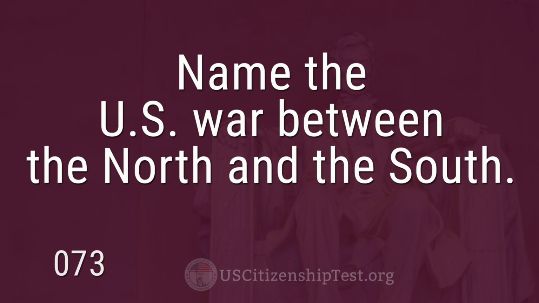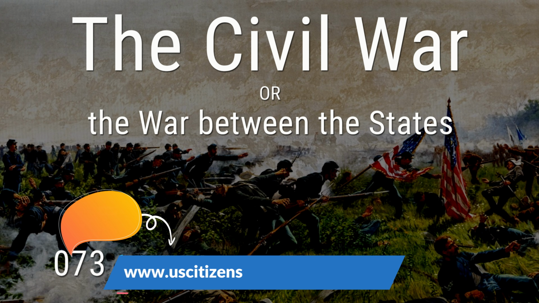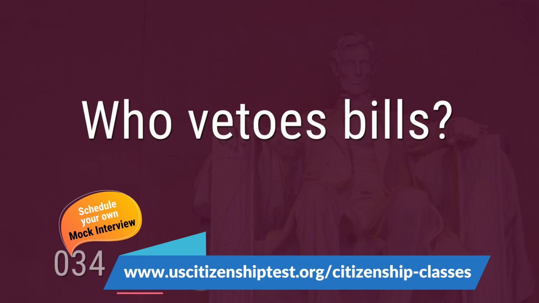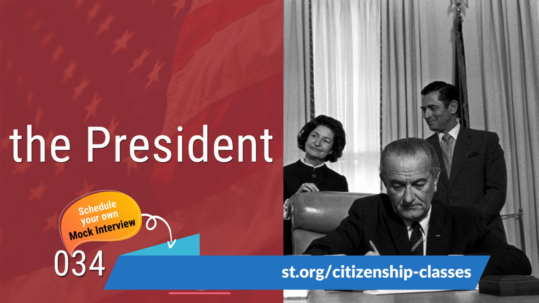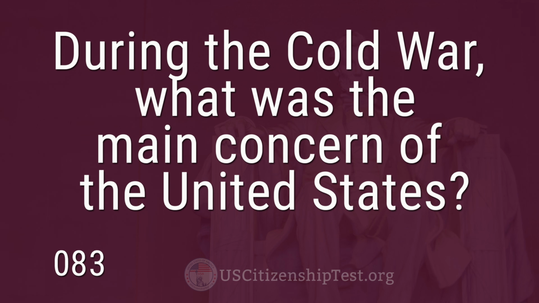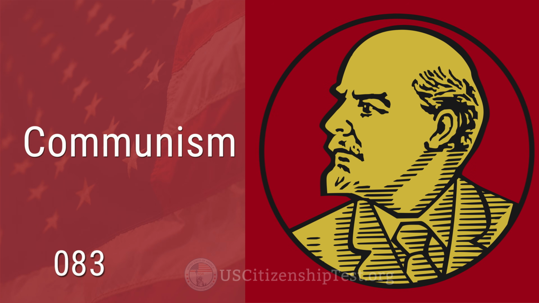Name the U.S. war between the North and the South. The Civil War. Who vetoes bills? The President. During the Cold War, what was the main concern of the United States? Communism.